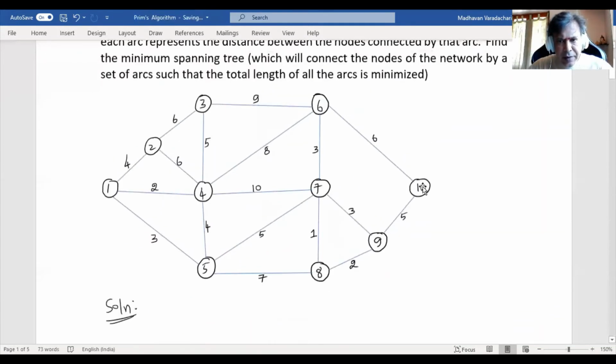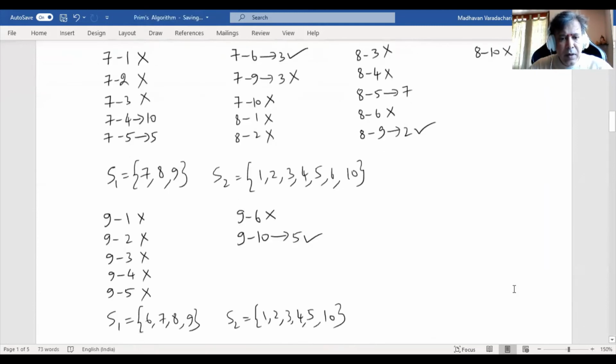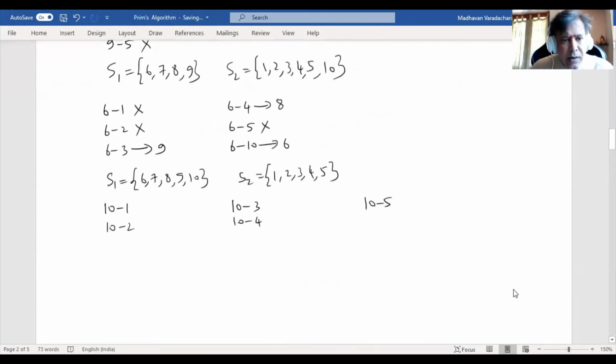Let me check here itself. No, 10 to 1 is not there. And then 10 to 2 is also not there. 10 to 3 is also not there. 10 to 4 is also not there. 10 to 5 is also not there. So none of them are there, means no arcs possible like this. I have to cross all this.